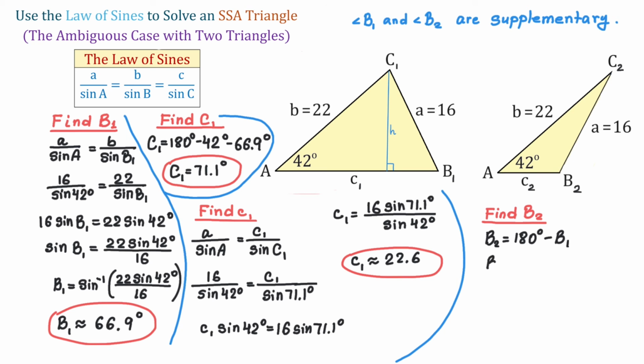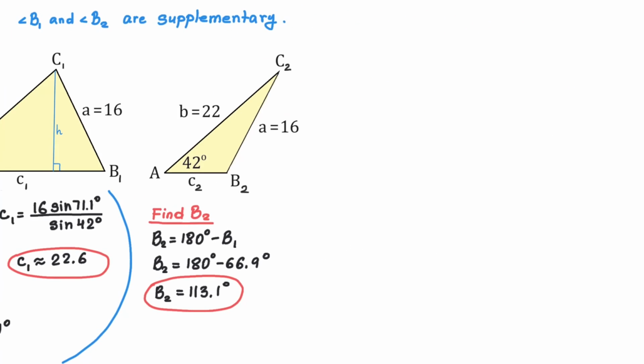Then b sub 2 equals 180 degrees minus 66.9 degrees. Then b sub 2 will be equal to 113.1. Now we can find the angle c sub 2.